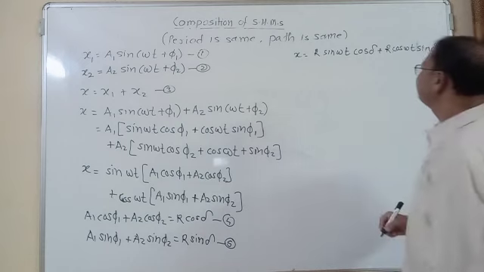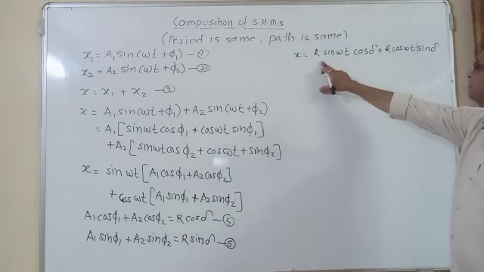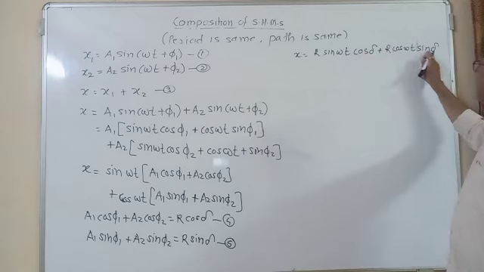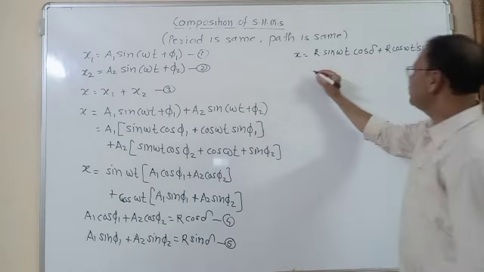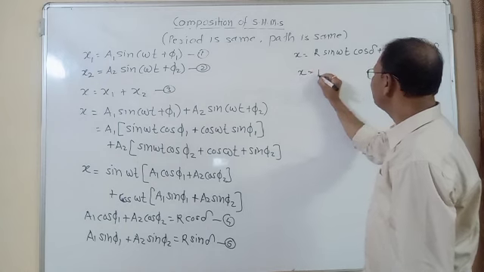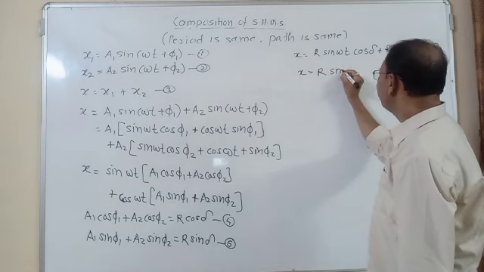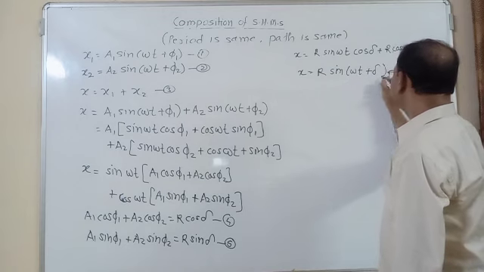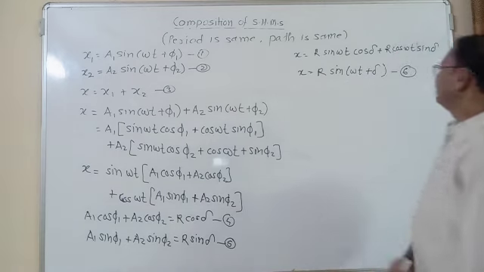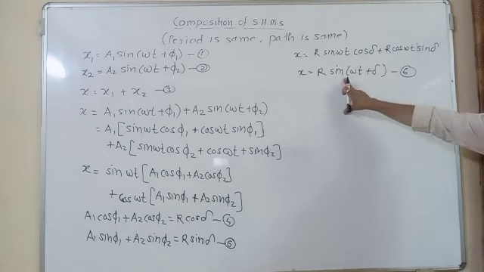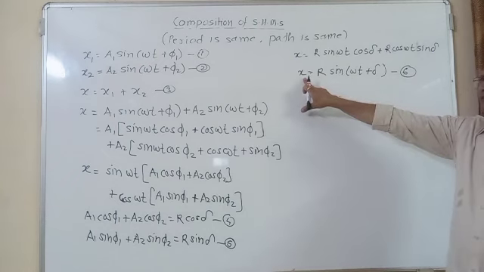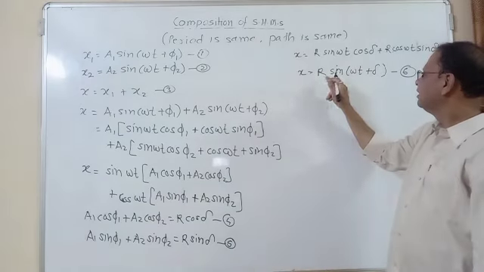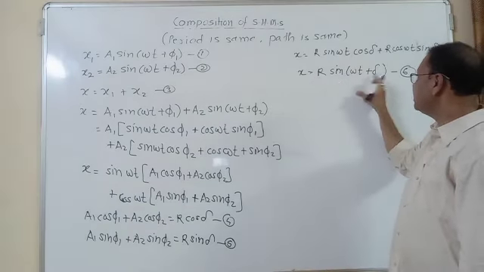R is common in this: R times sin omega t cos delta plus cos omega t sin delta. So I can write x equals R sin(omega t plus delta). Now look at this relation. This is the resultant displacement of the particle, R sin(omega t plus delta).